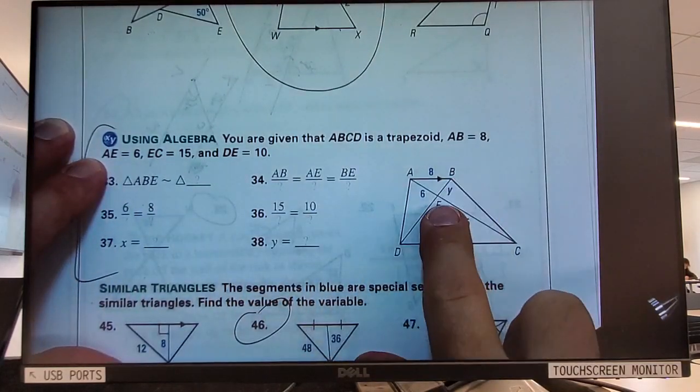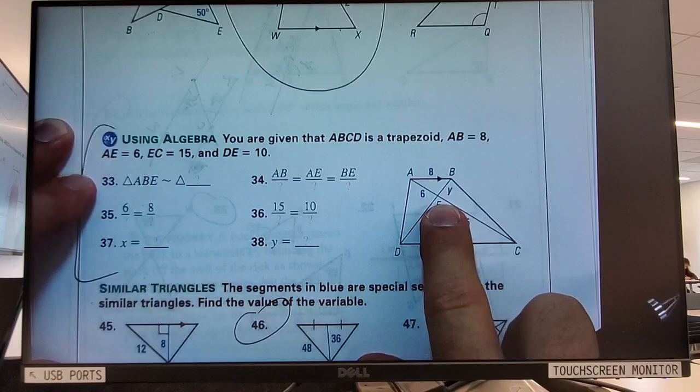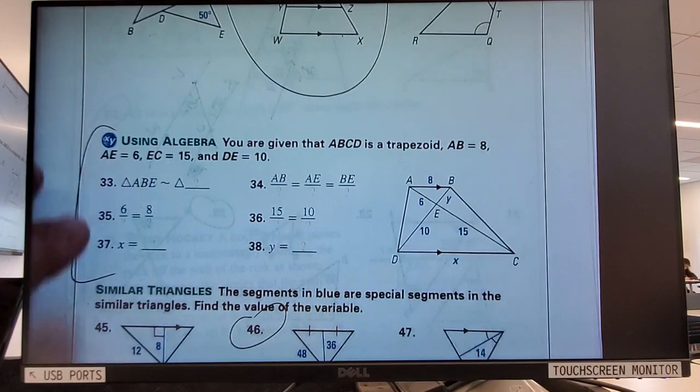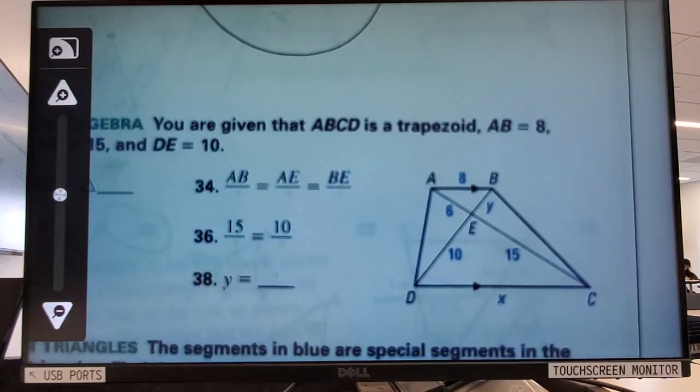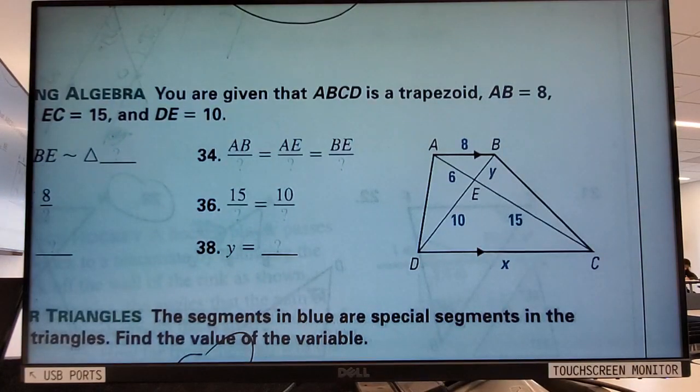Triangle ABE. So this is where things get a little tricky, but not too bad. Can you immediately see a situation that's come up a few times related to triangle ABE? No? What other triangle does it immediately have a connection with?